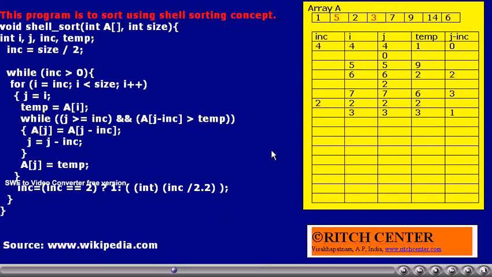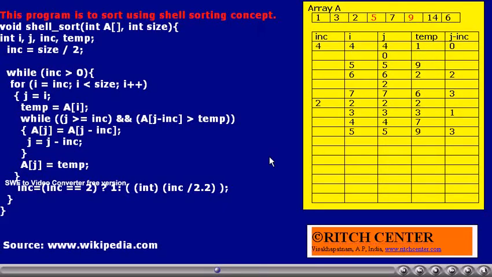Their values are 5 and 3. Thus they will be exchanged. Now second element and fourth element are taken. Their values are 2 and 7. They are already in ascending order, so no need of exchanging them.